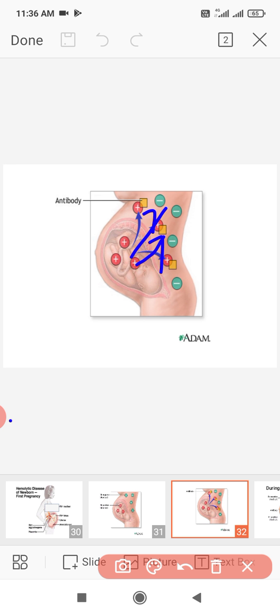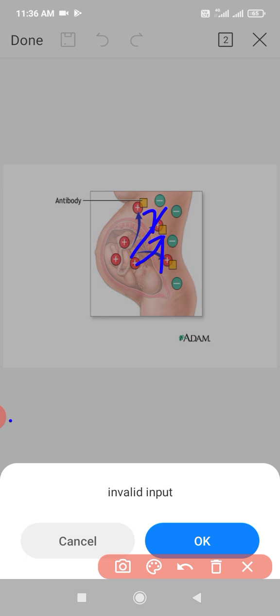For the first pregnancy, no complication takes place because the fetus is already coming out. As I told earlier, when an Rh negative person receives Rh positive blood for the first time, no complication takes place in the body. The person is normal only. Here also the same thing is happening.